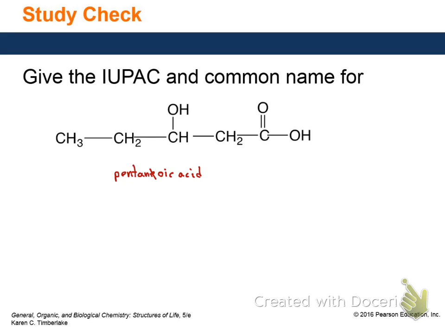And then we number it from the carboxylic acid, and double check that we got 5. Yeah, we got 5 here. And I have a hydroxy, an OH group, right? So it's going to be 3-hydroxypentanoic acid.